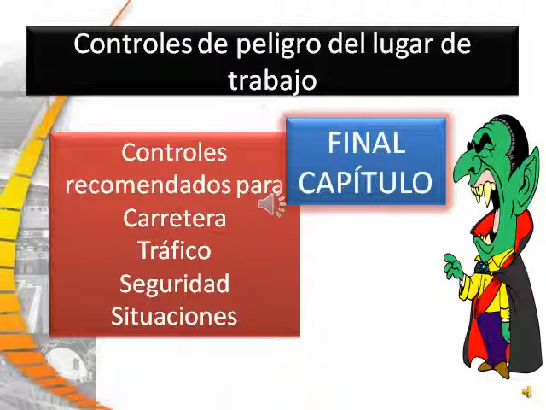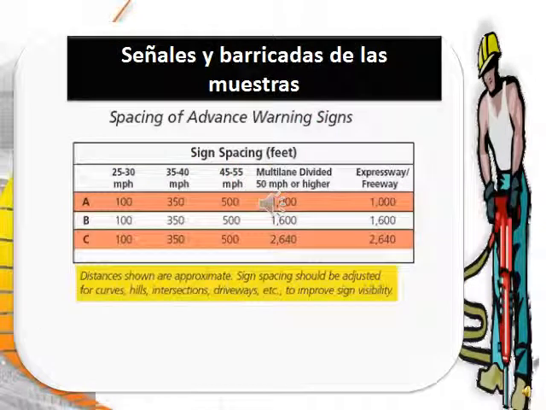Job site hazard controls. Recommended controls for highway traffic safety situations. Here we can see a spacing of advance warning signs depending upon the speed of 25 to 30, 35 to 40, 45 to 55.